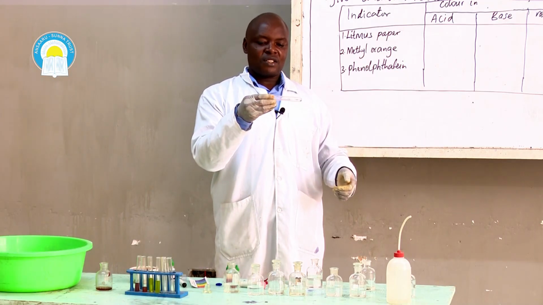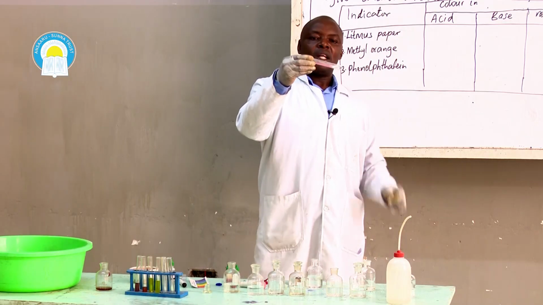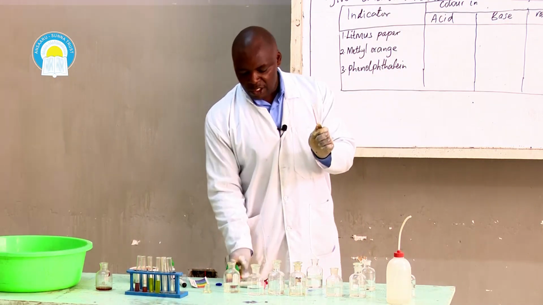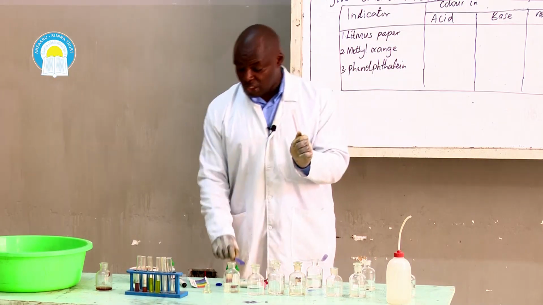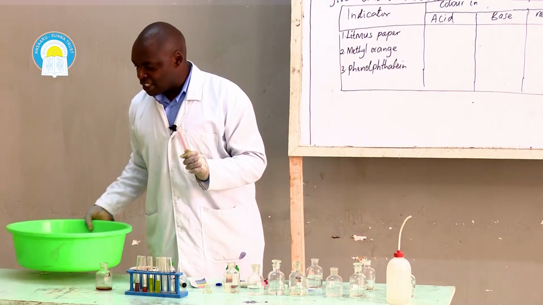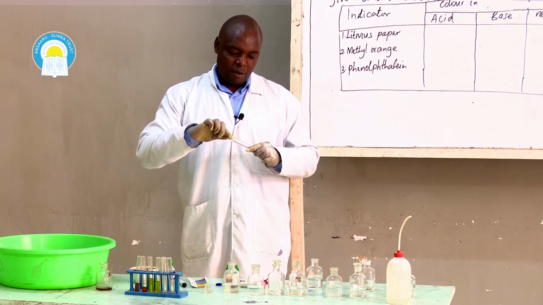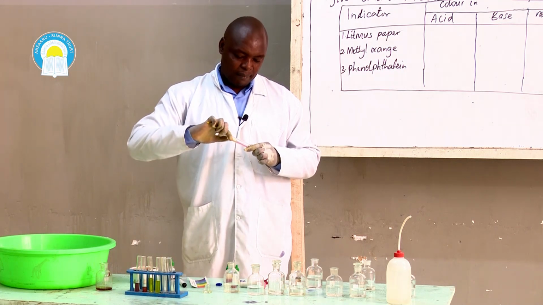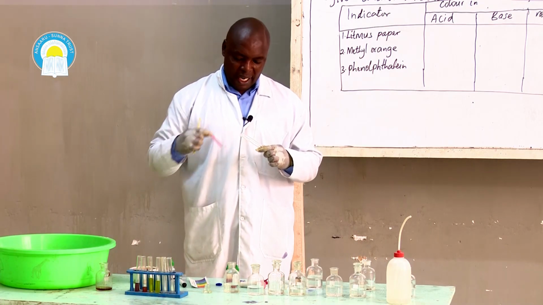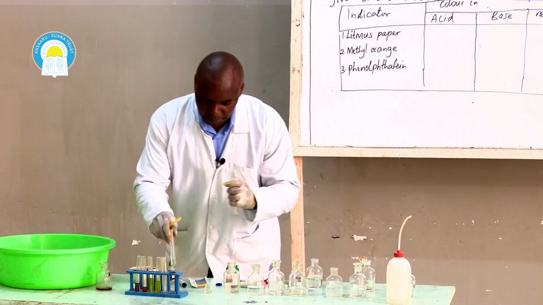You see that in a solution of hydrochloric acid, the litmus paper changes from blue to red. So it shows that litmus paper is red when the solution is acidic.